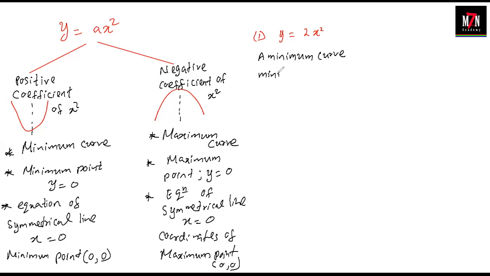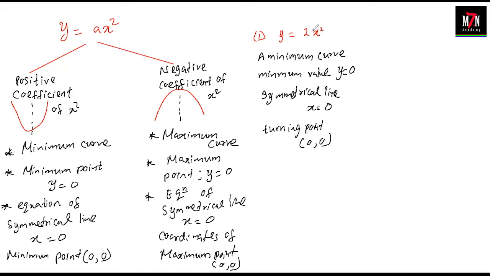The minimum point or minimum value is y equals 0, the symmetrical line is x equals 0, and the turning point or the minimum point is 0, comma 0.